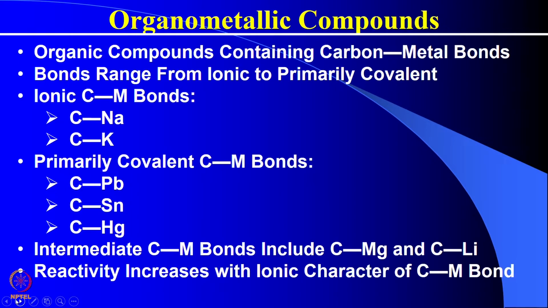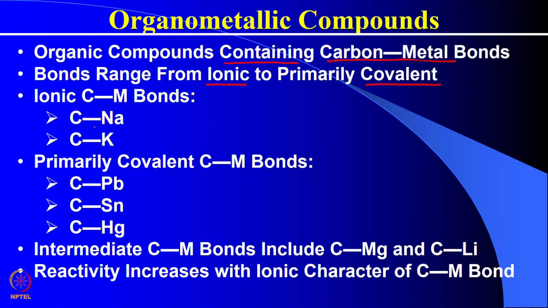These organometallic compounds are those compounds which contain a carbon-metal bond. This carbon-metal bond ranges from ionic to covalent. So some of the carbon-metal bonds may be ionic in nature, some may be purely covalent in nature, and some may be intermediate, that is between ionic and covalent in nature.